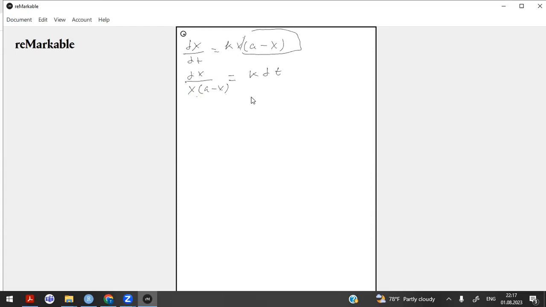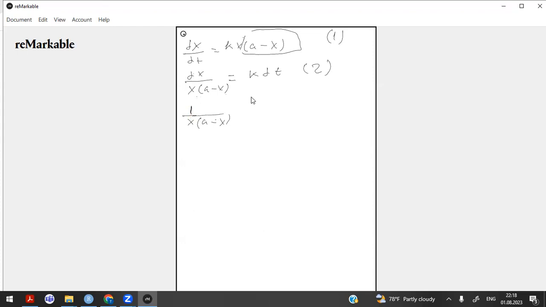Let's call this equation 2, and this was equation 1. How can we simplify this part, specifically x(a - x)?